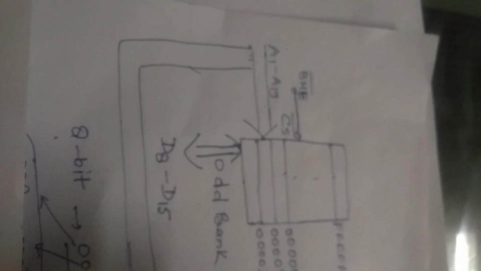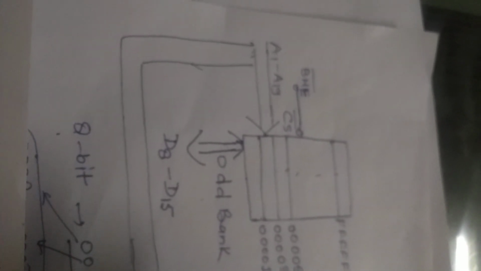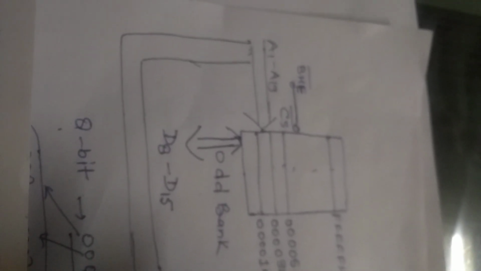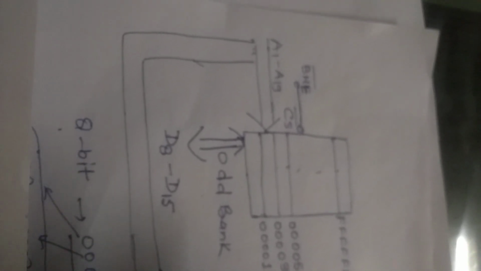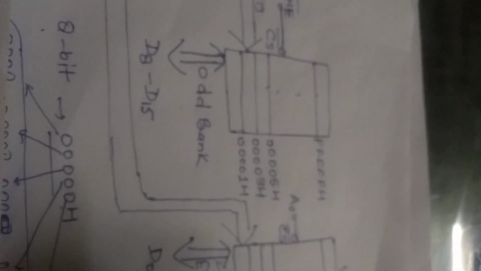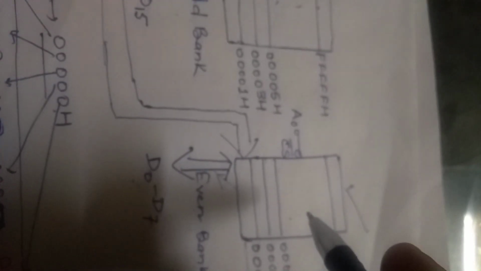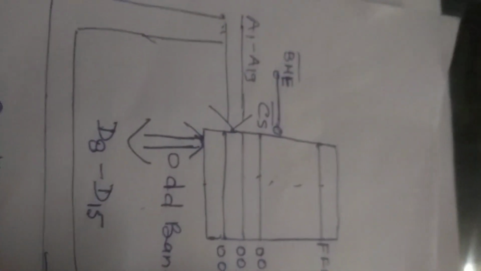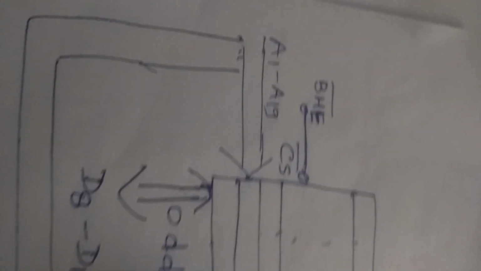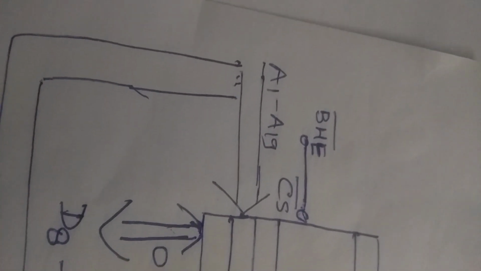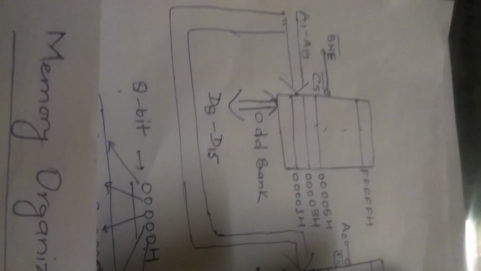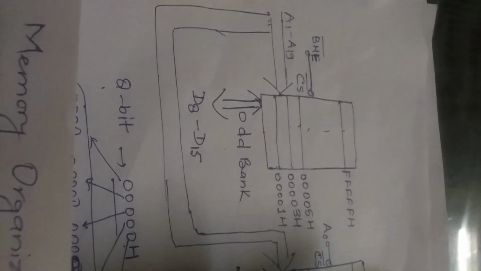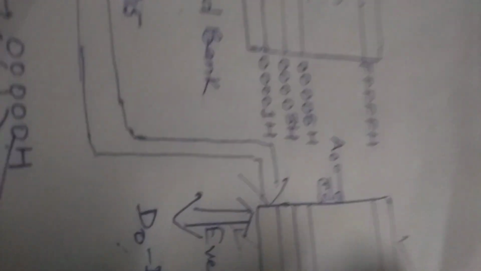There are a total of 20 address lines in 8086, ranging from A0 to A19. Out of these 20 address lines, A0 is used as the chip select signal for the even bank. Therefore, the remaining 19 address lines from A1 to A19 are connected to both the memory banks simultaneously. So the values of A1 to A19 are the same for both the memory banks.